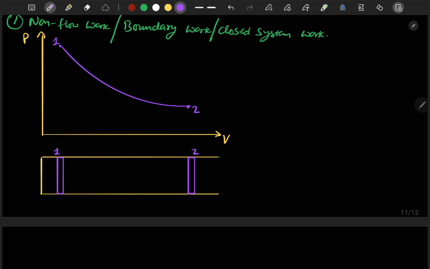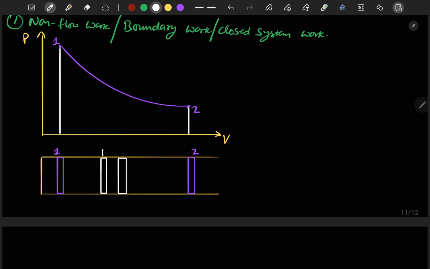Let's consider a point in between. Let's consider the piston at this location, and it moves from here to here.